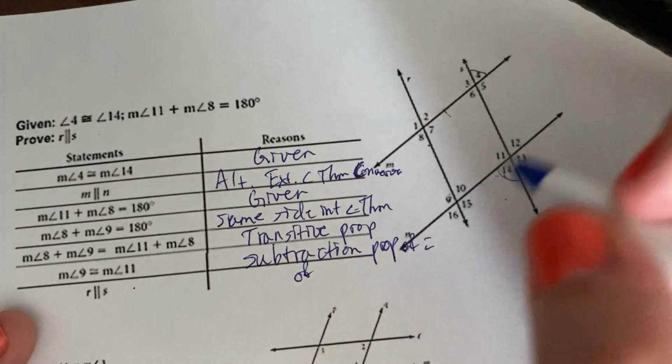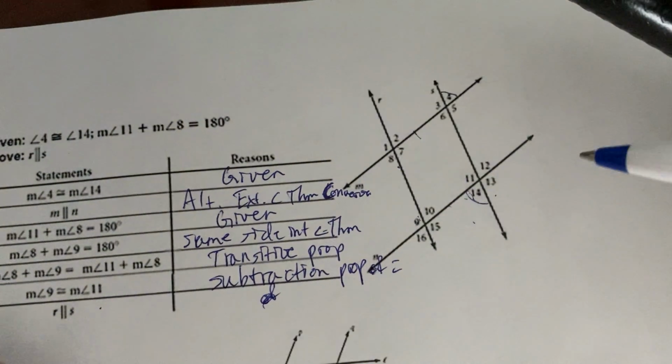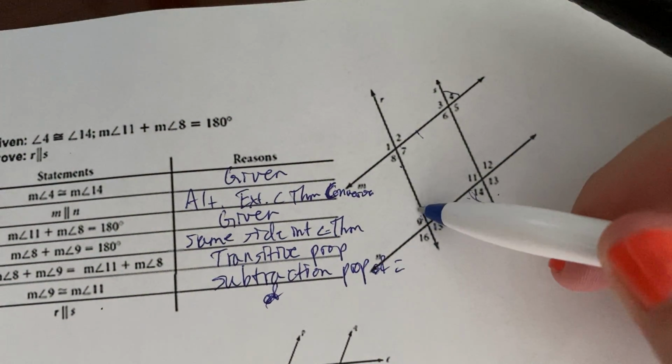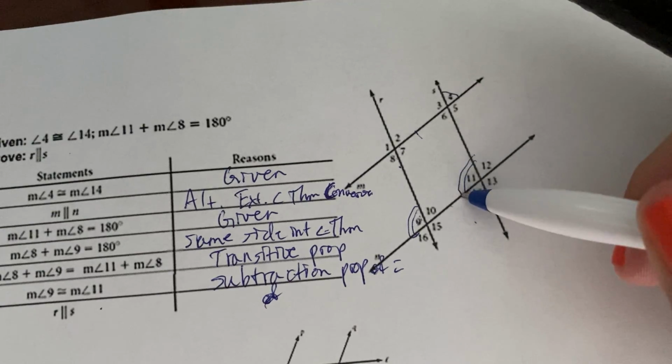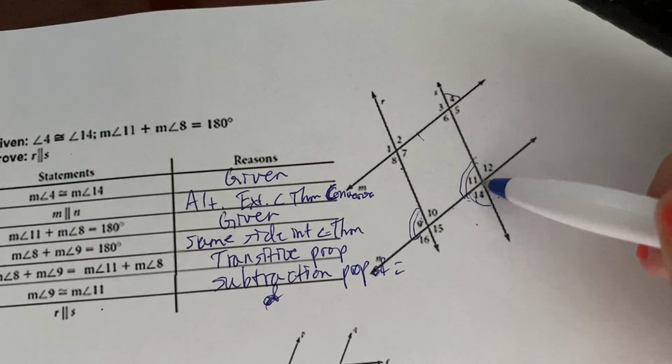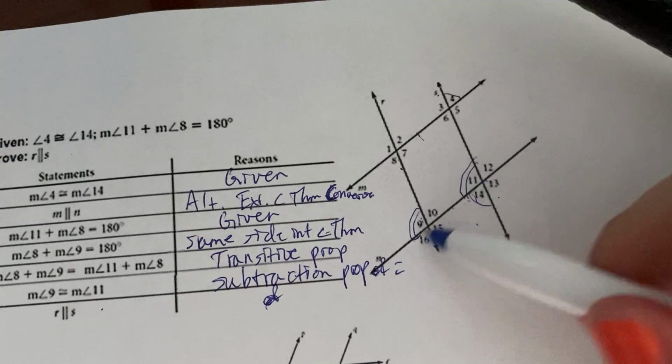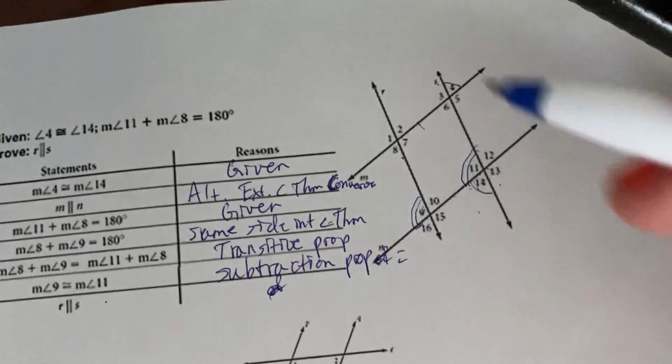All right. And then again, since I know 9 is congruent to 11, I can then say that these two are parallel. So these are same type, but they're consecutive.